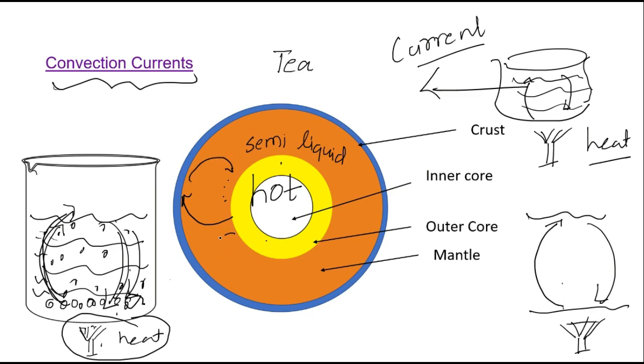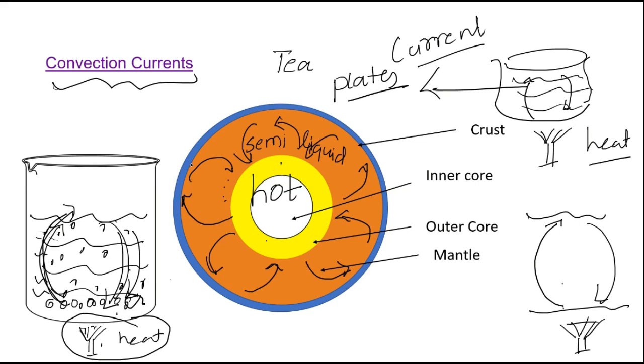This happens all around and causes a convection current in the mantle area, inside the earth. And because of this, there is always a push on the surface rocks, and those are called plates.